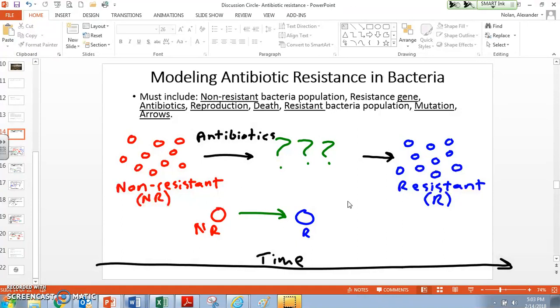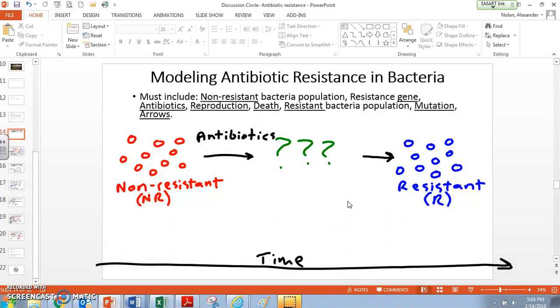I've got my antibiotics, and that bacterium is changing in order to become antibiotic resistant. But this doesn't really fit into our model. This is actually not what's going on. You don't want to think that antibiotics turn non-resistant cells into resistant cells. That's not what's really going on.